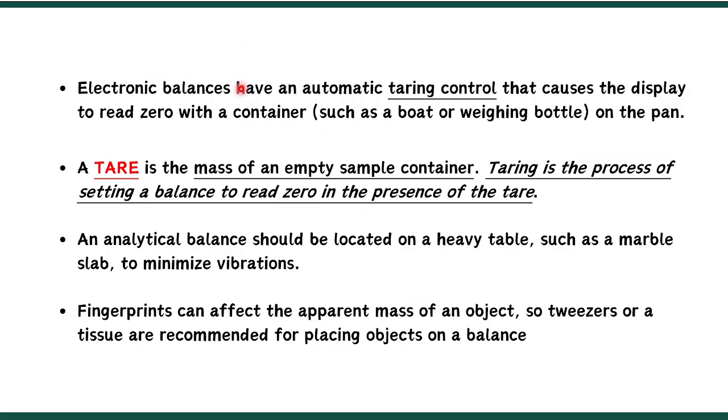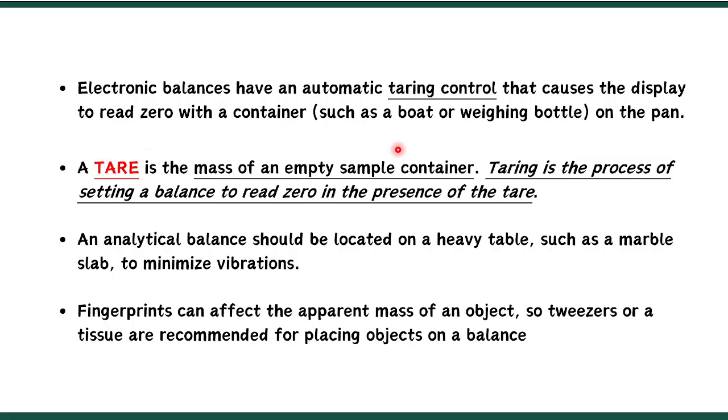Now, electronic analytical balances have an automatic taring control that causes the display to read 0 with a container, such as a boat or weighing bottle, on the pan. Some analytical balances have automatic taring control, where you put the container, may it be the container for solids, and it zeroes. Other analytical balances automatically zero, however for some, we still need to press the tare button.